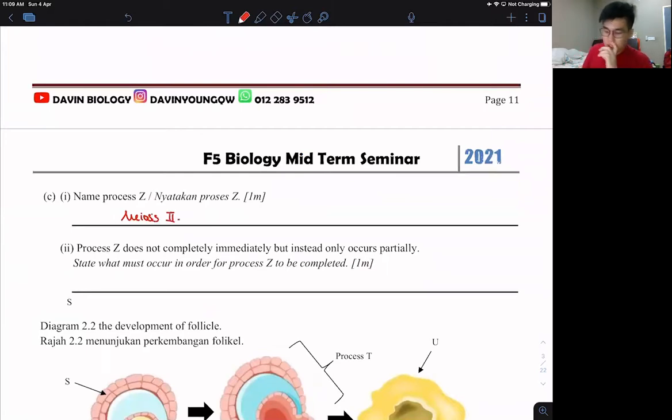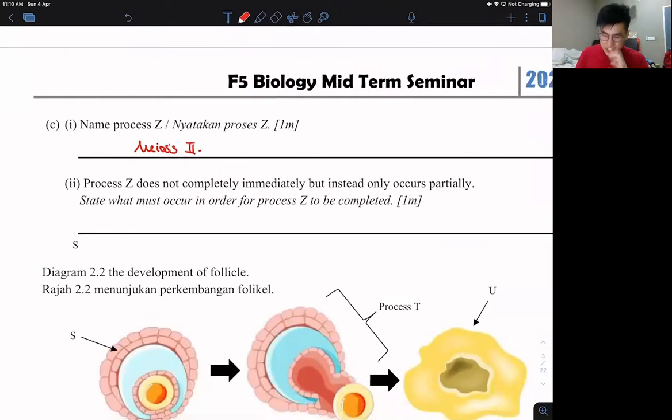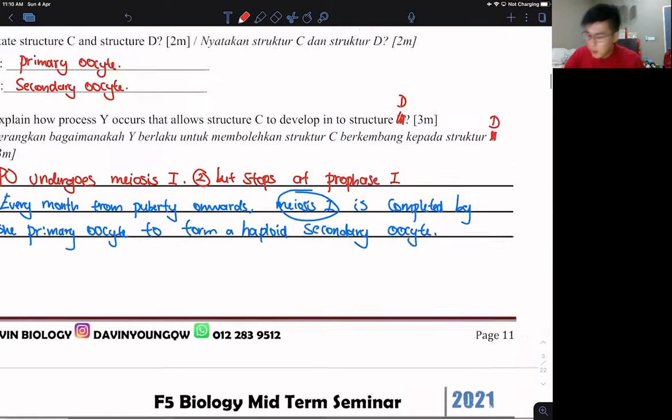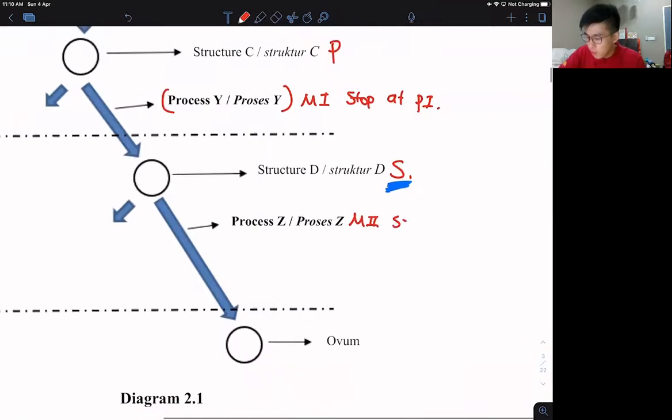Process Z does not occur completely immediately, but instead occurs only partially. State what must occur in order for process Z to be completed. So what must occur, then only process Z can finish, which is your meiosis 2. Remember, the secondary oocyte will also stop halfway, at what we call metaphase 2.